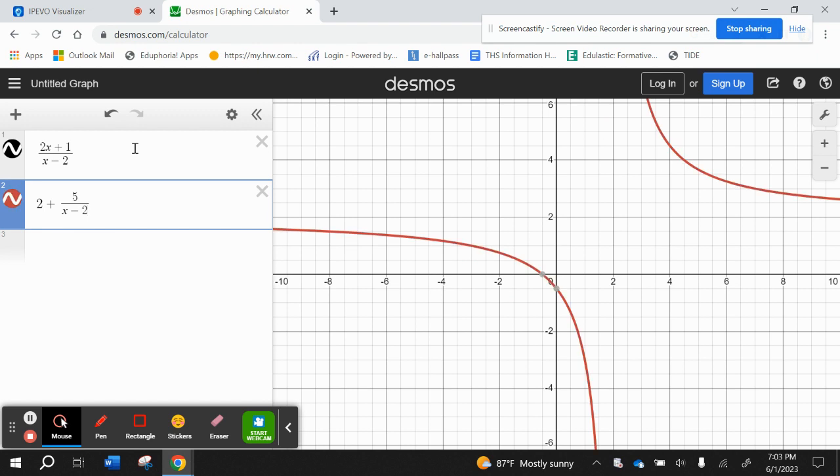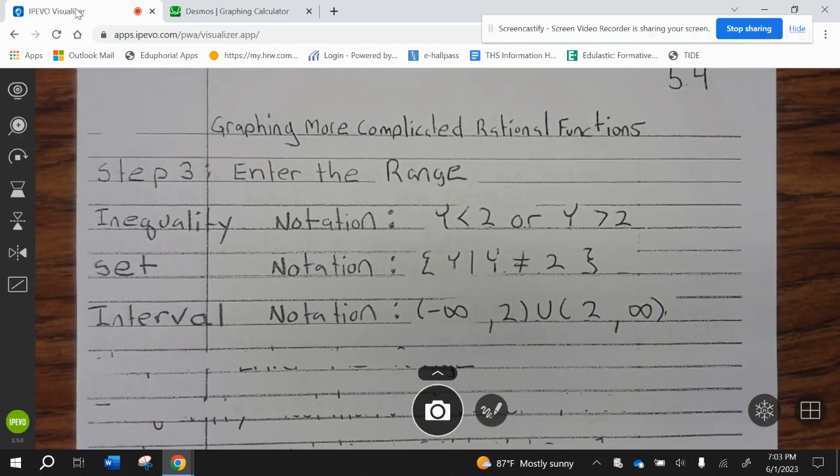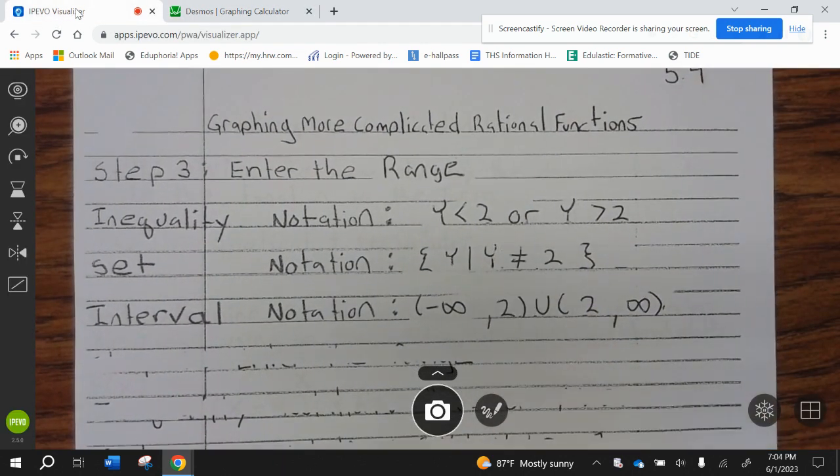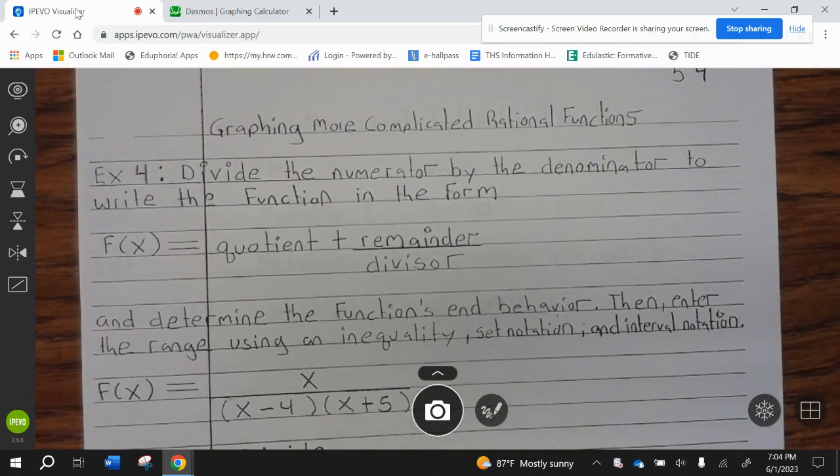But what you can see here is if I graph y equals 2, you can see that the graph is less than 2, it's greater than 2, it doesn't equal 2, and it comes from negative infinity to 2, from 2 to infinity. So that graph explains this range. Take a look at the next example.